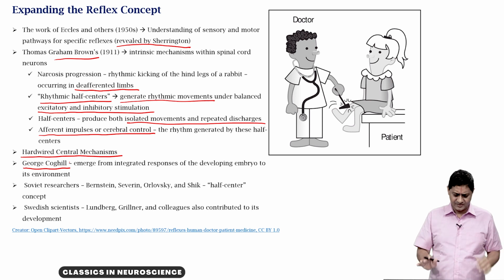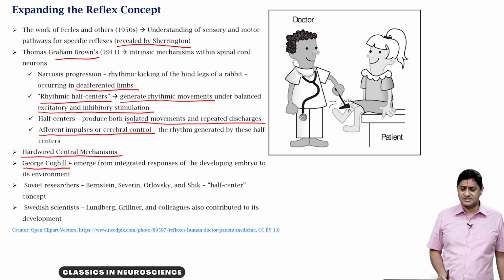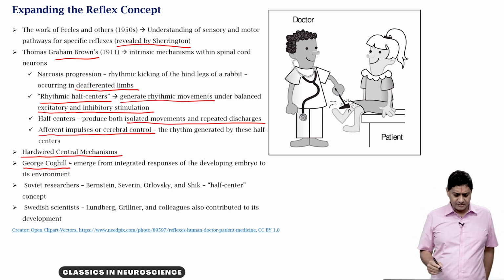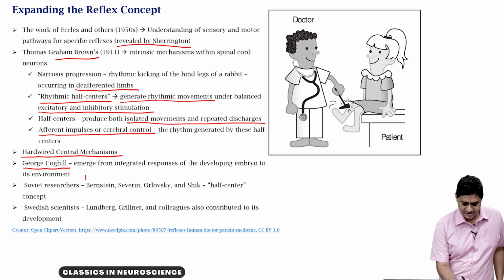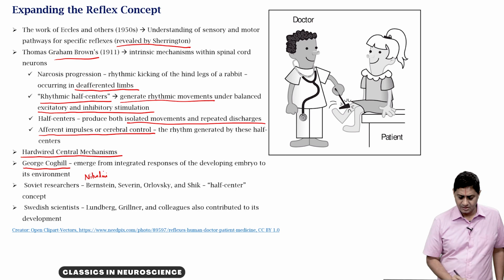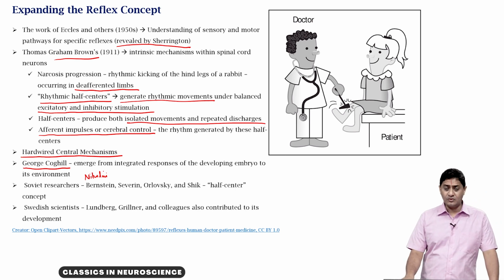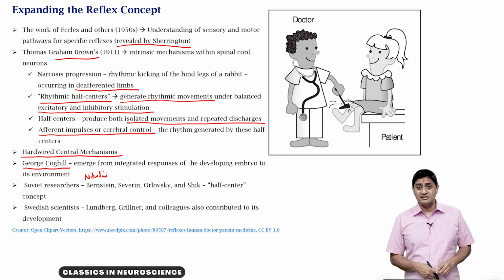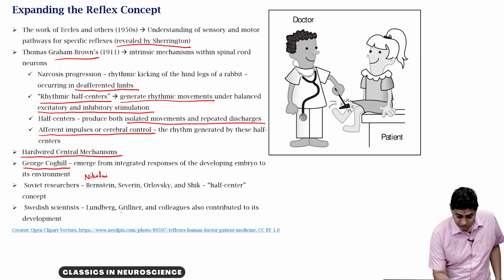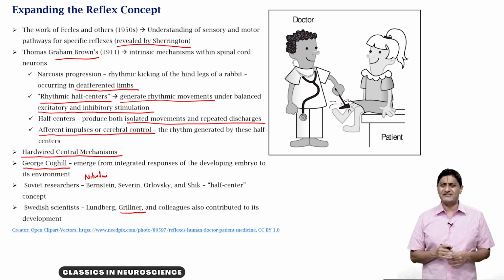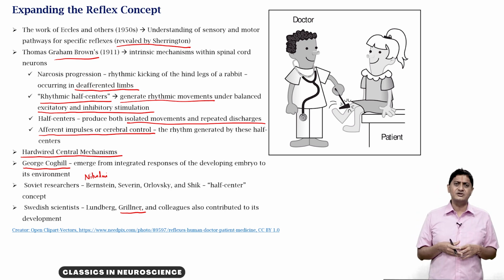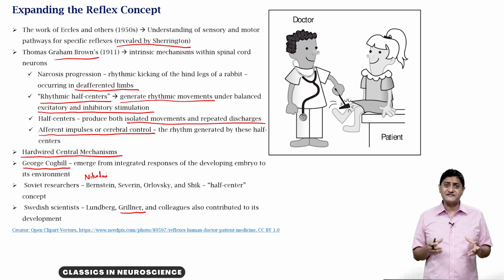This line of work was then pursued by the Soviet researchers Nikolai Bernstein, Orlovsky and Shik, who expanded this concept in a very big way, and then this was further expanded in a great way by the Swedish scientist Grillner to various invertebrate systems, the insects, flying insects, a whole bunch of invertebrate systems also. A lot of these people have contributed to the development of this concept of half centers.